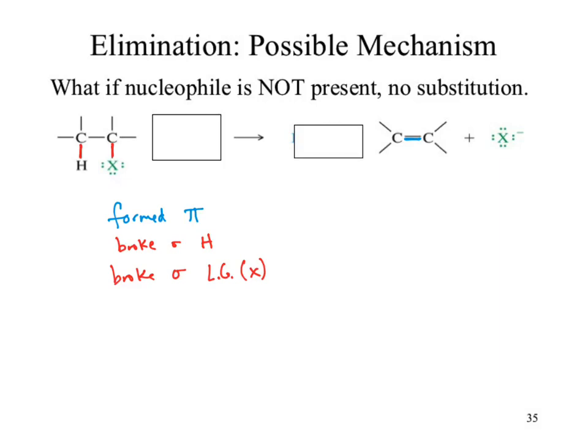So what immediately jumps out at you? Is this harder or easier than the substitution? Why is it harder? Because you don't know which one is first. In the substitution, how many things happened? 2 things. Made and broke.